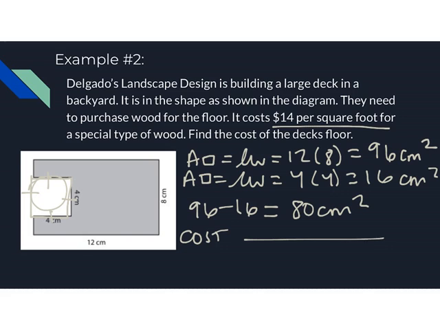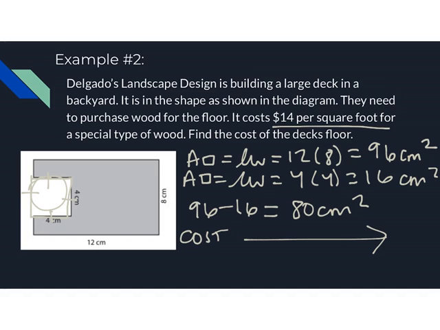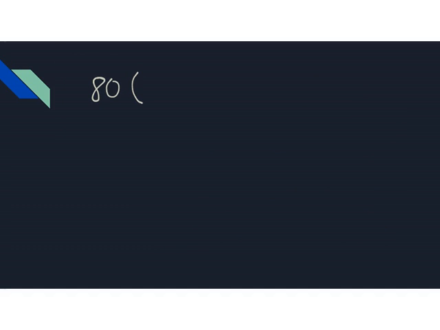We're going to multiply it by the cost, which was $14 per square foot. We're just going to pretend that those centimeters were square feet for this example. I just couldn't get an actual image to represent this as well as I wanted to.